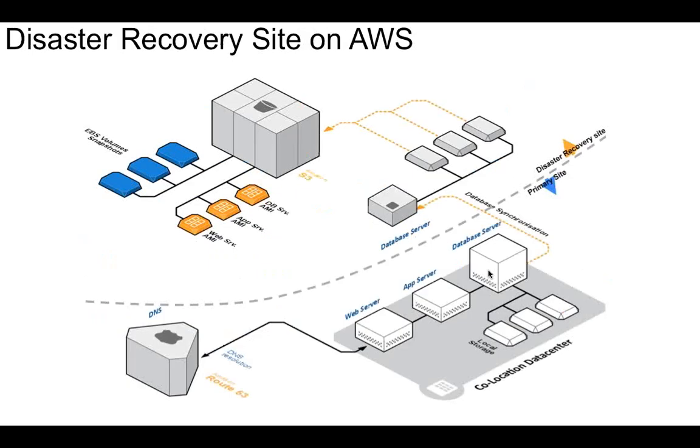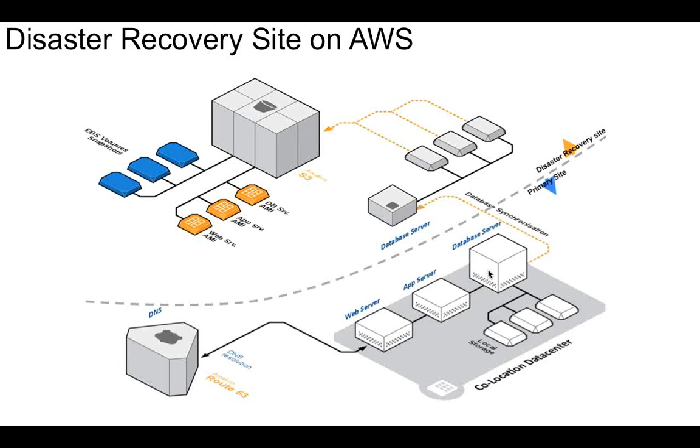The second pattern I mentioned was a disaster recovery site on AWS. Now, this is the architecture pattern that you see. To your right of your screen is maybe your own data center or a colo that you're leveraging. So all the traffic is actually going to that primary data center where you have your web server, app server, and your database.